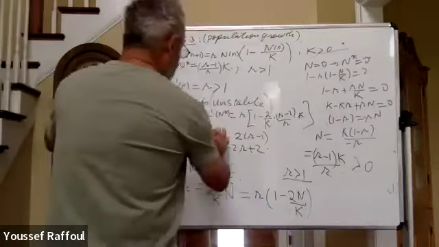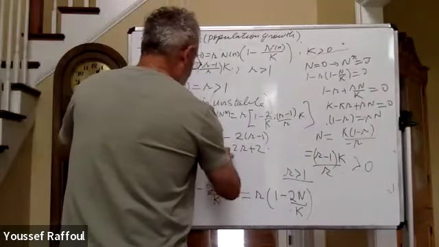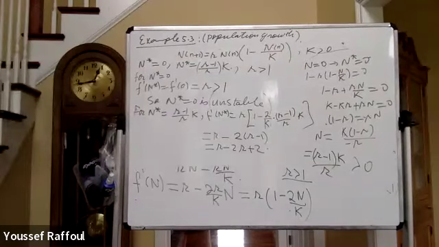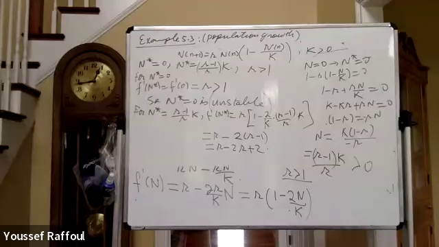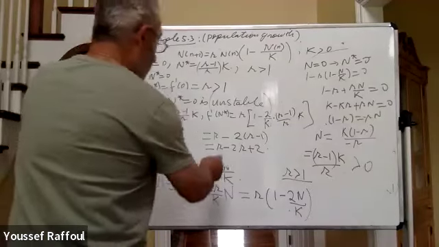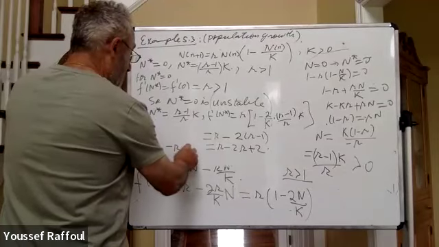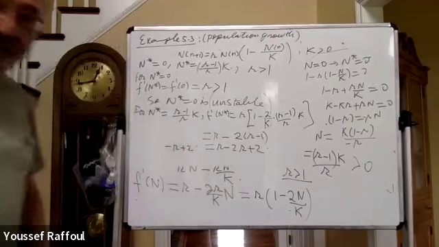What happened to that R times the first one there? Oh, thank you. That is all. Okay? Is that what you meant? Yes. Thank you. So what do I have? I have minus R plus 2, correct?